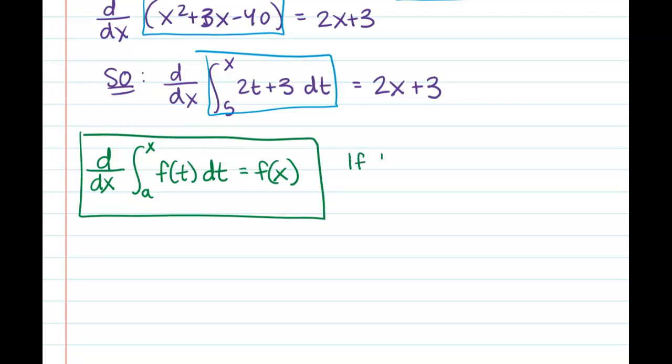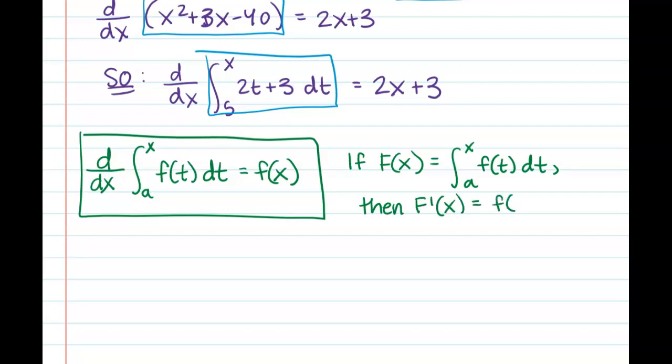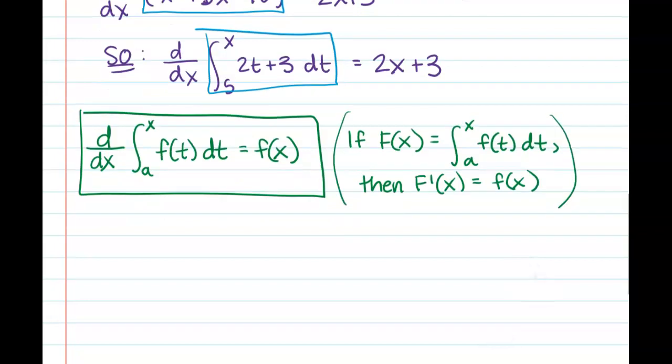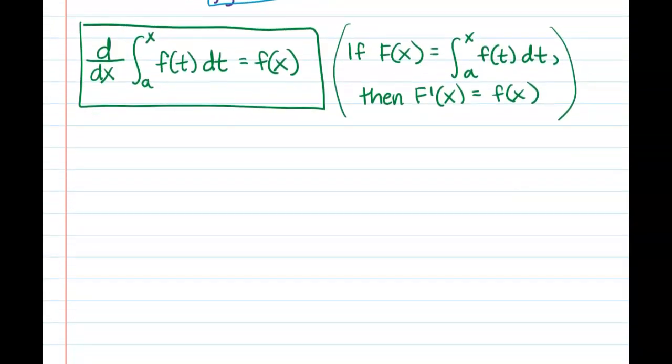Another way this is sometimes written is, it means the same thing, but if uppercase F of x equals the integral from a to x of f of t dt, then F prime of x equals f of x. So that's another way it's written. I don't always think about it too much.